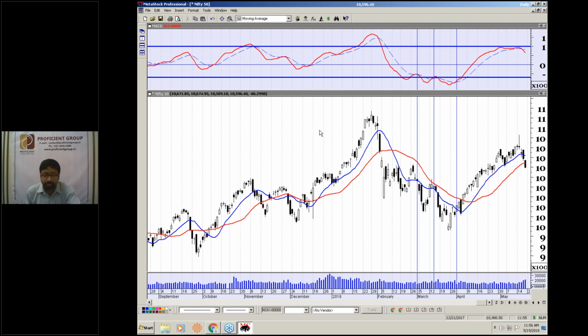I'm telling you this zone, plus 100 to minus 70, for Nifty only, because this value changes according to the value of the underlying stock. Since we are talking about Nifty, we are talking in absolute terms, and this value of MACD will be different for different stocks. So whatever I am telling you is specific for the Nifty index alone, right?